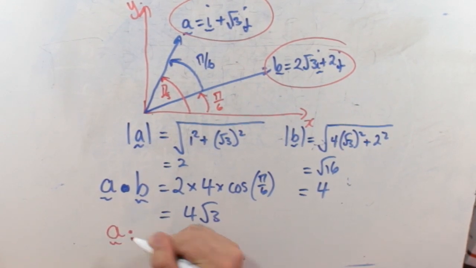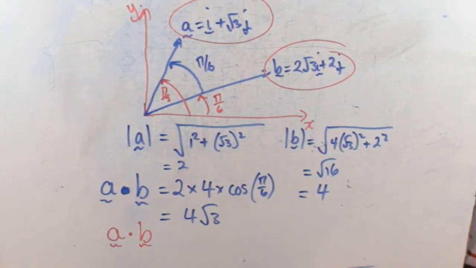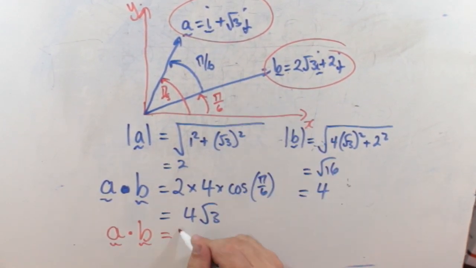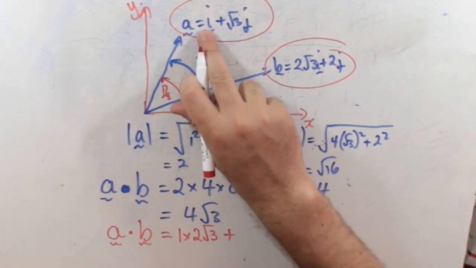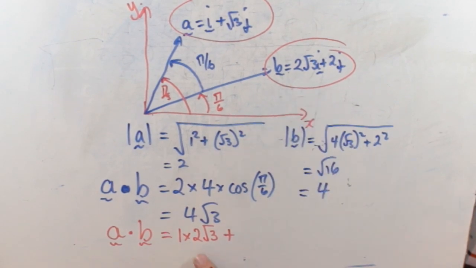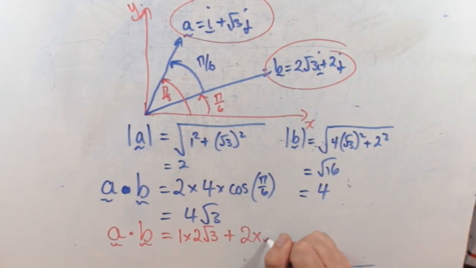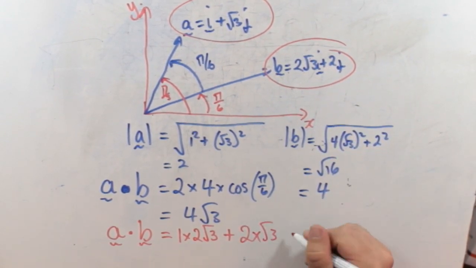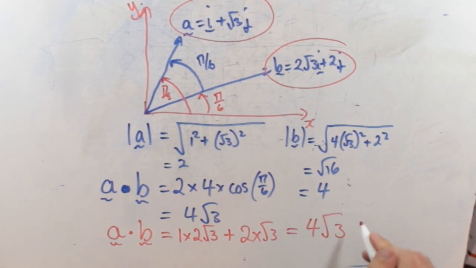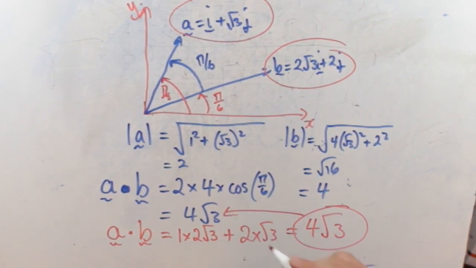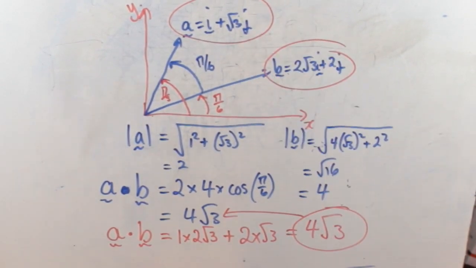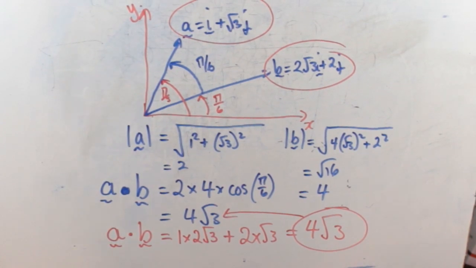I'm going to do it in red. 1 times 2 root 3, so that's 1 from here, 2 root 3 from here, plus root 3 times 2, so 2 times root 3. So we've got 2 root 3 plus 2 root 3 is 4 root 3. It's the same answer. That's a much, much easier way to calculate the dot product. So if you've got this ij notation, it's very easy to calculate the dot product.